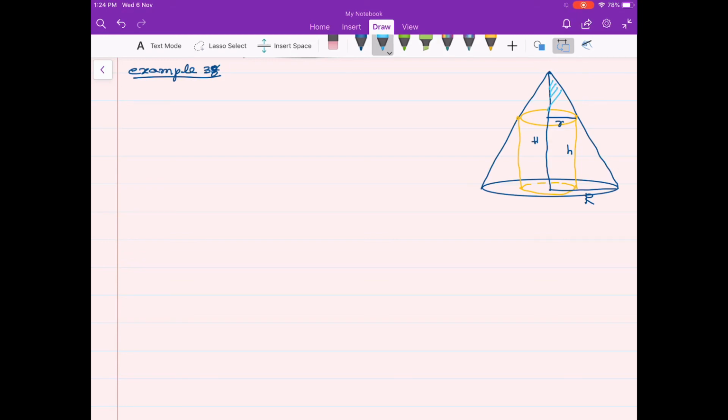Now, this triangle is similar to this triangle. So, sides will be proportional. We will name that triangle. Let this be A, B, C and this D and E. Triangle ADE is similar to triangle ABC. By similarity, corresponding sides will be proportional.